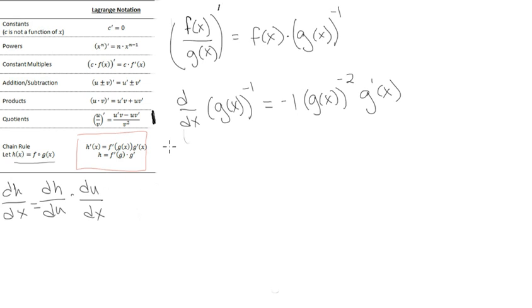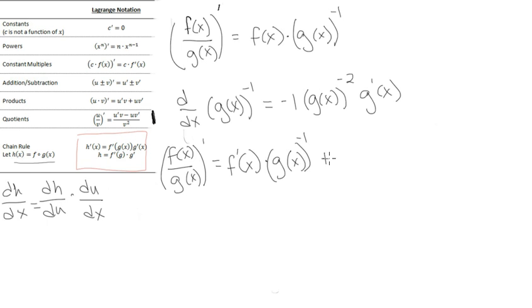What I get is that the derivative of f of x times g of x to the negative 1 is equal to the derivative of the top, f prime of x, times the bottom, but here it's g of x to the negative 1, okay, plus f of x unchanged, times, and now the derivative is this entire term right here.